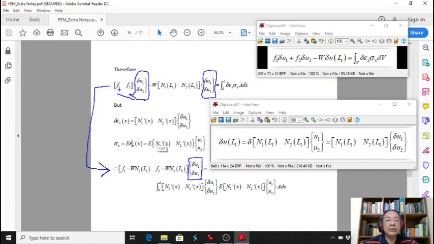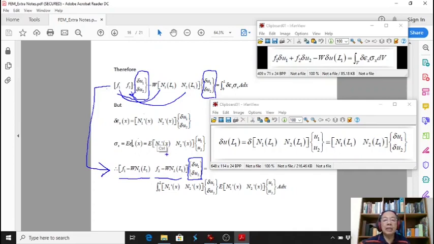So F1 minus W N1 of L1, and second, F2 minus W N2 of L1.